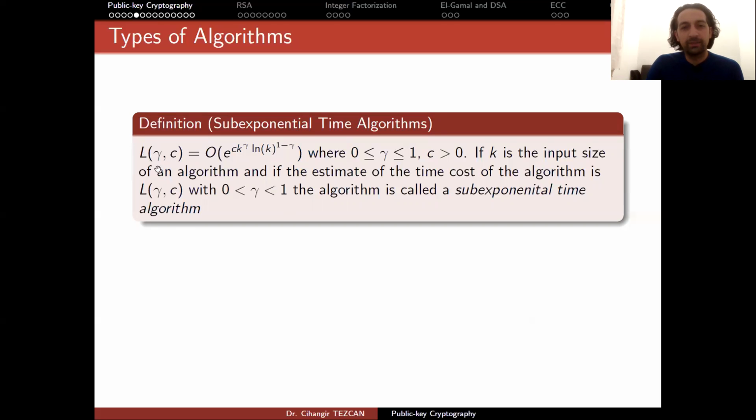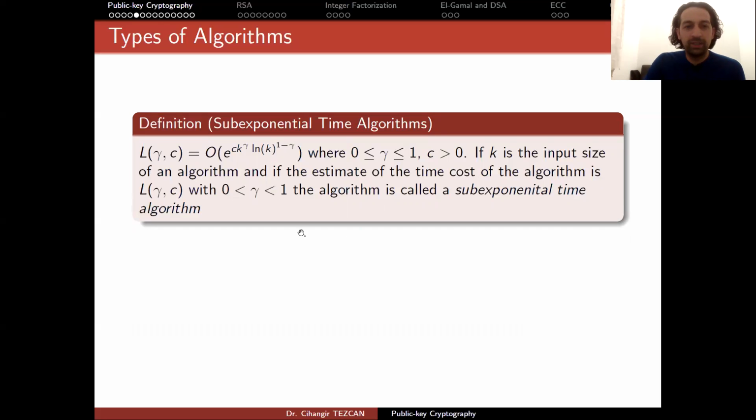So a sub-exponential time algorithm has complexity, and again with the big O notation, e to the c k to the power gamma times ln k to the power 1 minus gamma. So if k is the input size of an algorithm, and if the estimate of the time cost of the algorithm is L gamma c, with gamma between 0 and 1, the algorithm is called a sub-exponential time algorithm.